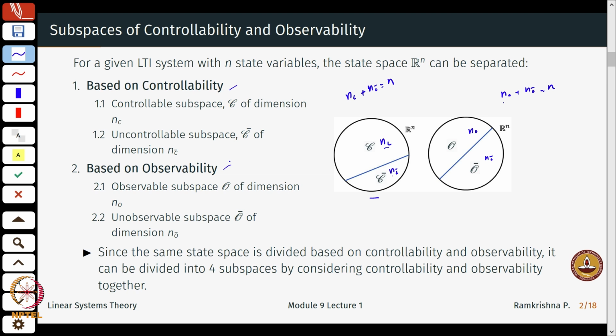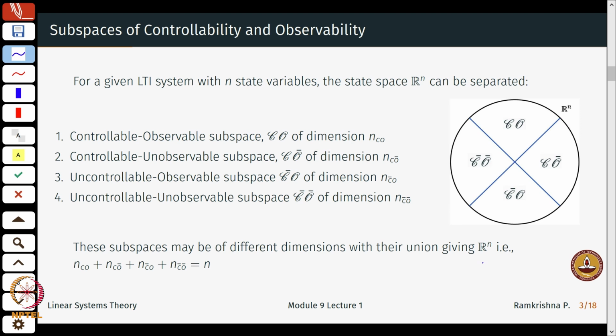Okay, so now a system can have both the properties together, right. So we can now decompose or divide the system based on both its controllability and observability properties by considering controllability and observability together. Okay, how does that look? It should be pretty intuitive to arrive at this picture, right.